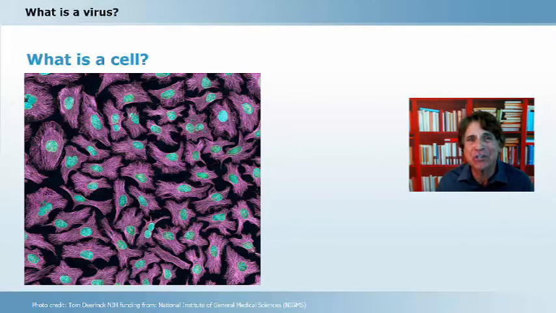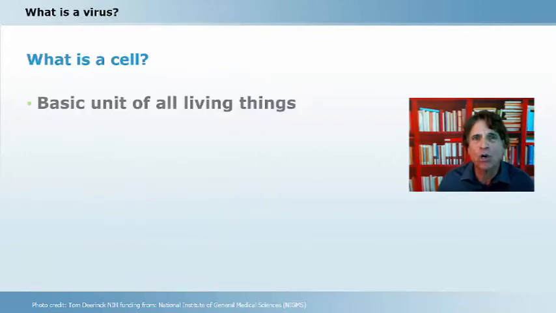And the control center is falsely colored green in this image. So you can see a photomicrograph, an enlarged picture of numerous cells, and you can also see their control center, the nucleus.